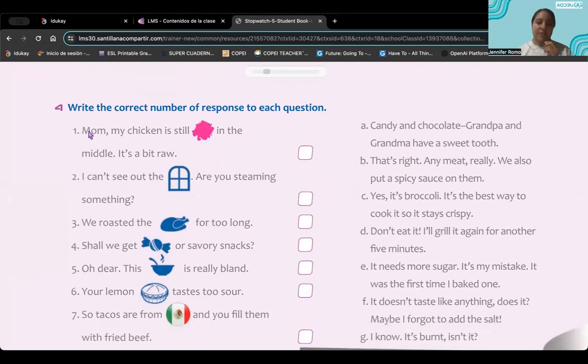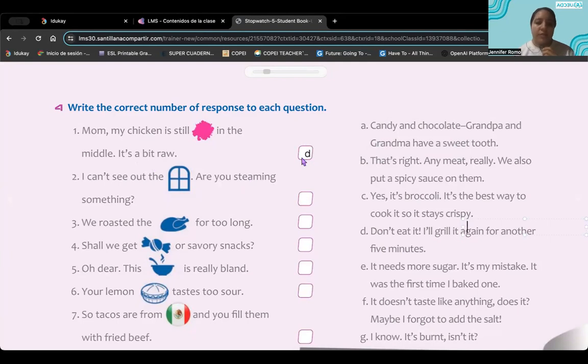Mamá, mi pollo está un poco como rojo en el medio. Está un poco crudo. And I'm gonna give you the answer of this one. For here, it would be, don't eat it, I'll grill it again for another 5 minutes. No lo comas, lo pondré al grill, o sea, a la parrilla, por otros 5 minutos.